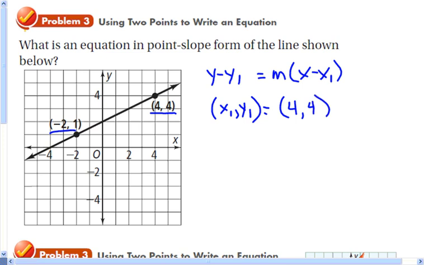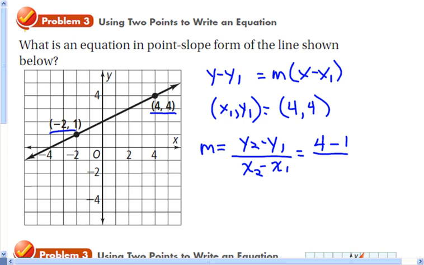All right, now I just have to find the slope. The slope is, take any two y coordinates and subtract them. Take the x coordinates and subtract them. And to do that, I'm going to have 4 minus 1 over 4 minus negative 2, which is 3 over 6, which is 1 half.